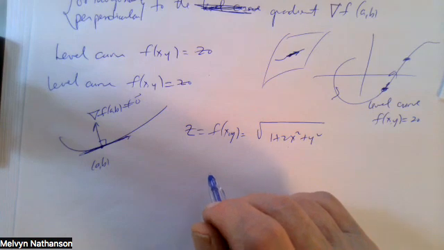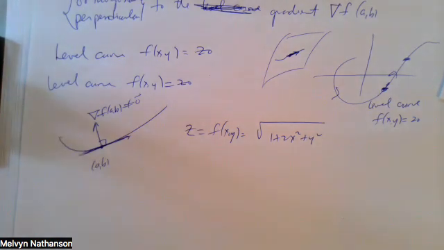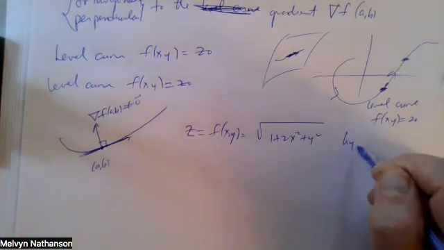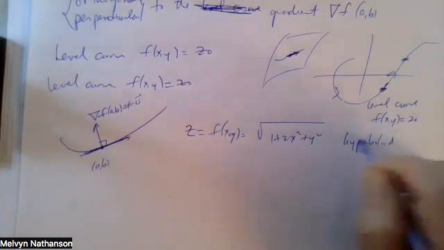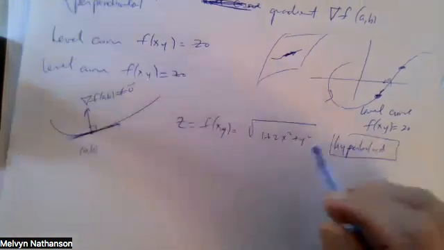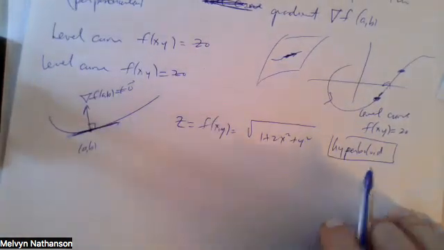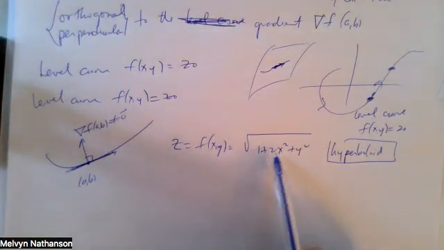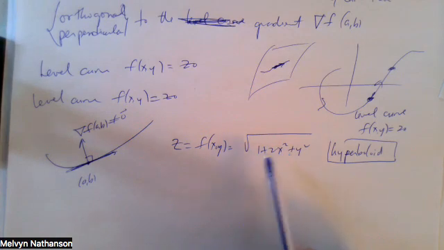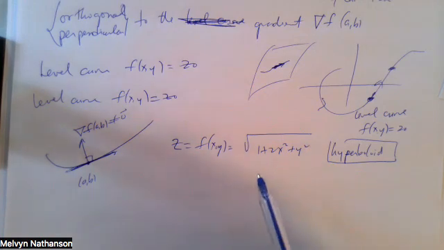This kind of function has a name, but the name doesn't really matter to us. This is an example of what is called a hyperboloid, but there's no reason for you to know that or remember that. But this is a function of two variables. It's defined for all x and y, because for all x and y, what's under the square root sign is not only positive, it's at least 1. It's 1 plus something non-negative. So this function is defined everywhere.